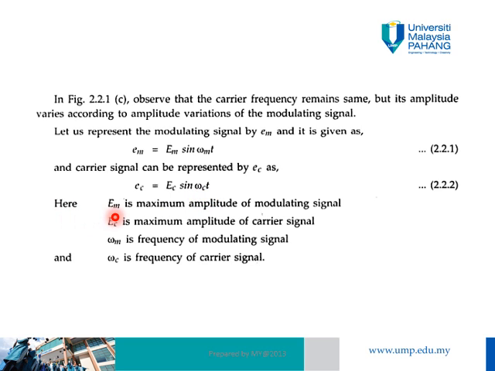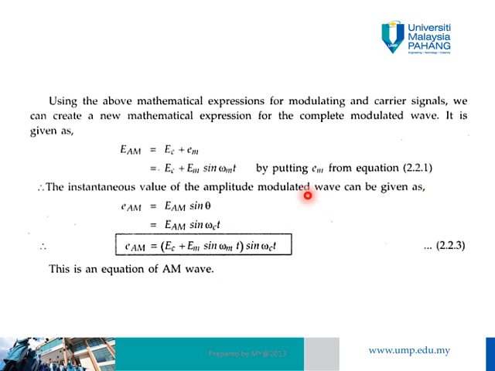Here EM is the maximum amplitude of the modulating signal, EC is the maximum amplitude of the carrier signal, omega m is the frequency of the modulating signal, and omega c is the frequency of the carrier signal. Using these expressions, we can create a new expression for the complete modulated wave.